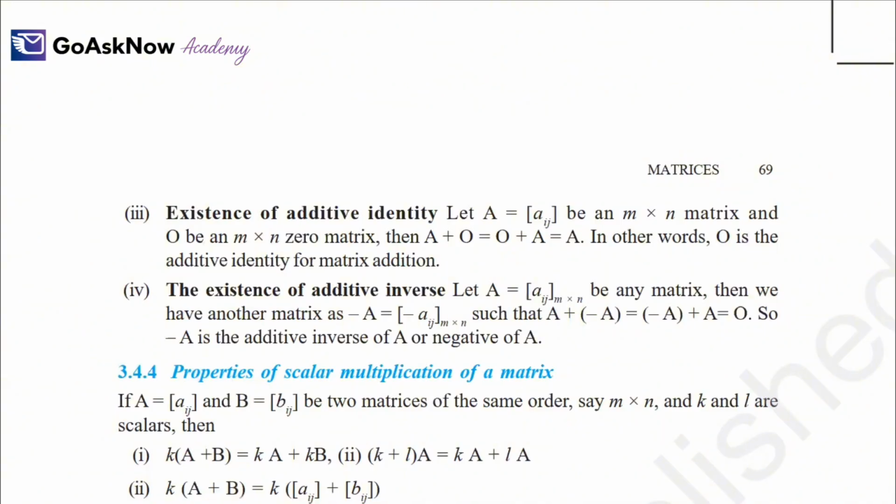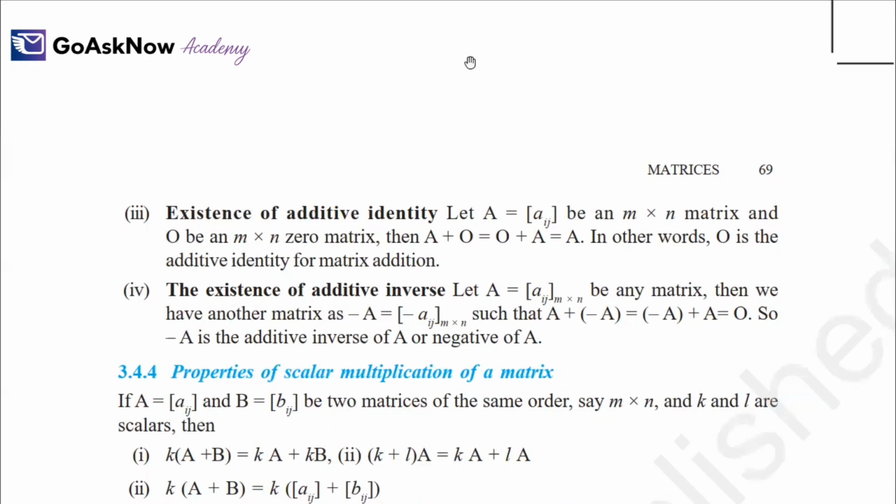Because if you add a zero matrix to any matrix, it will give the same matrix. So A plus O is equal to O plus A, which is equal to A only. In other words, O is the additive identity for matrix addition.